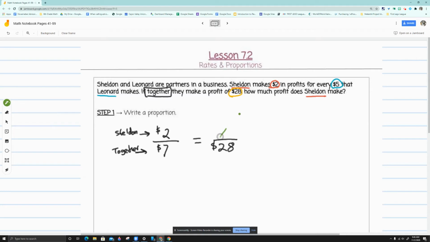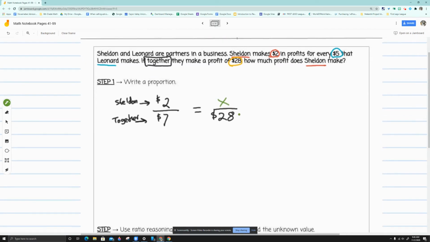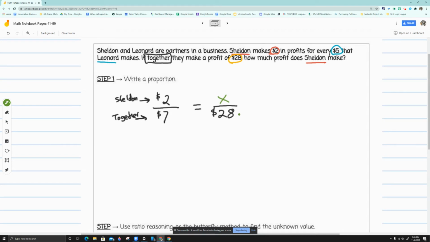I'm going to make that X. So we made a proportion. They are equivalent ratios, and they are equivalent fractions as well. And I'm going to mark this X just for clarification. This is how much Sheldon makes if they made $28 together.